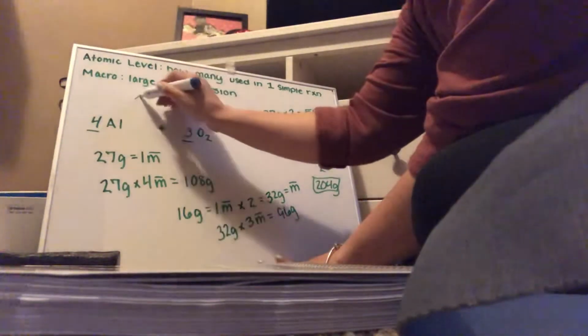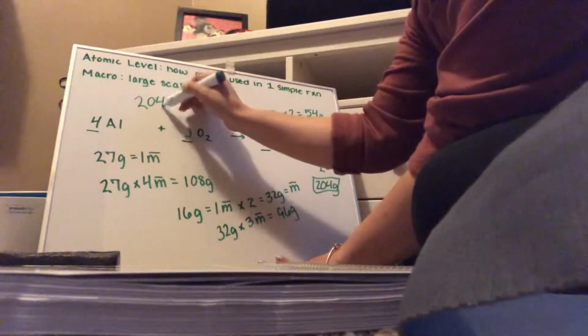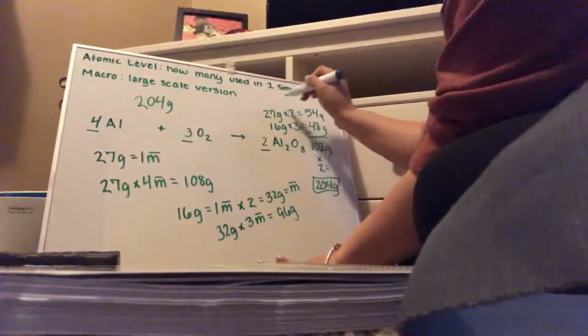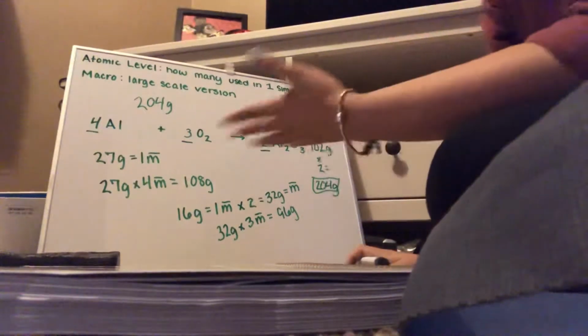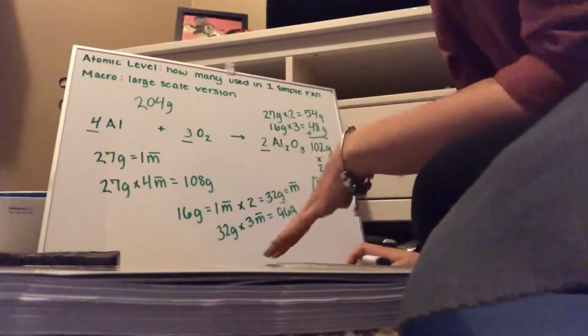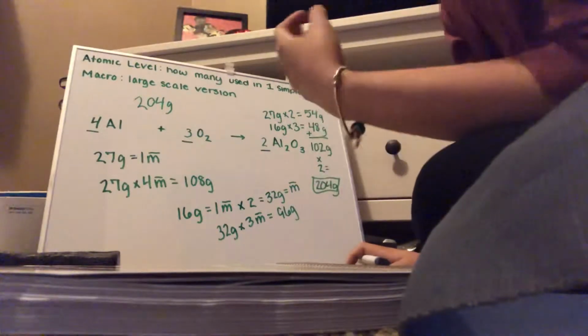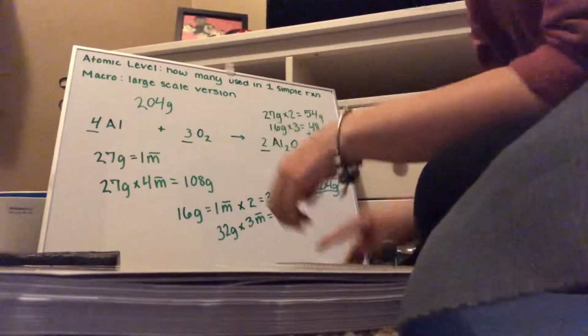So this side equals 204 grams altogether, and this side equals 204 grams altogether. And that's how you know that it's fully balanced, is that you get the same weight on either side. And that's just the general concept.